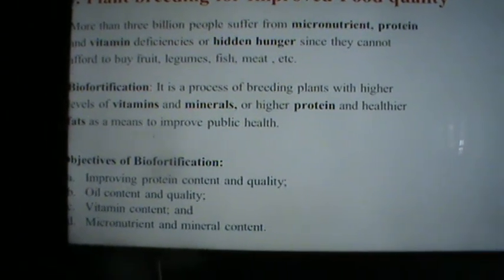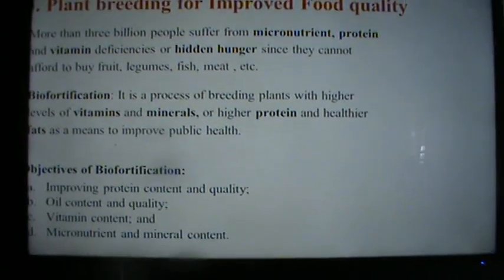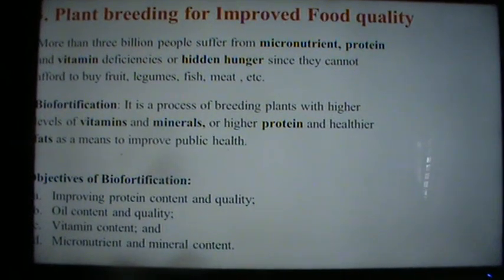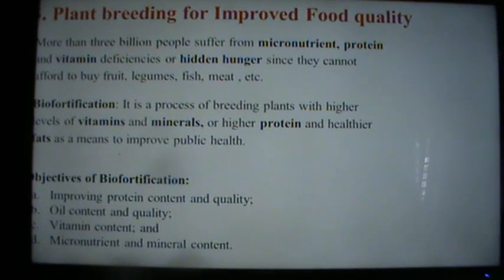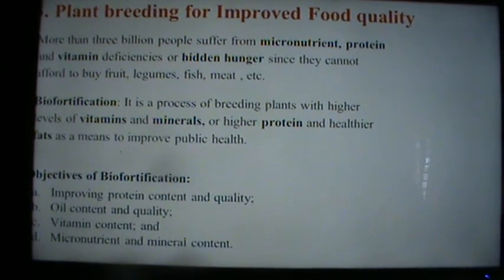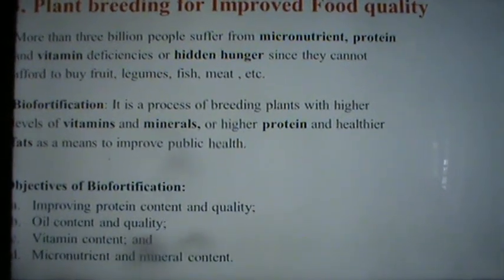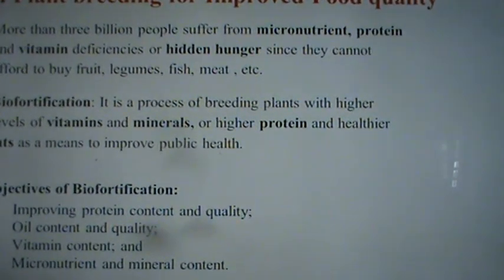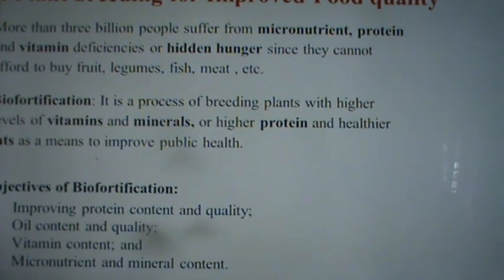Then I told you what is meant by hidden hunger. Many people don't have proper food, but even those who have food are deficient in many micronutrients, protein and vitamins. That is known as hidden hunger. It is a food variety which doesn't have certain important nutrients in it.